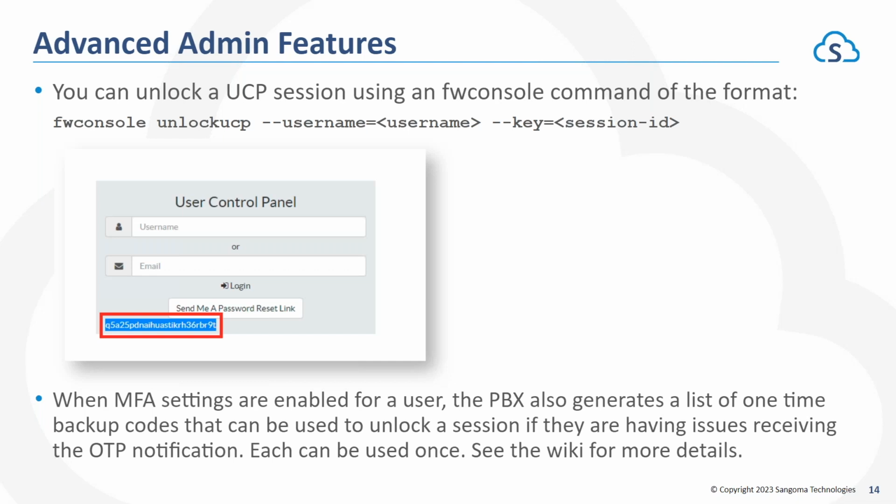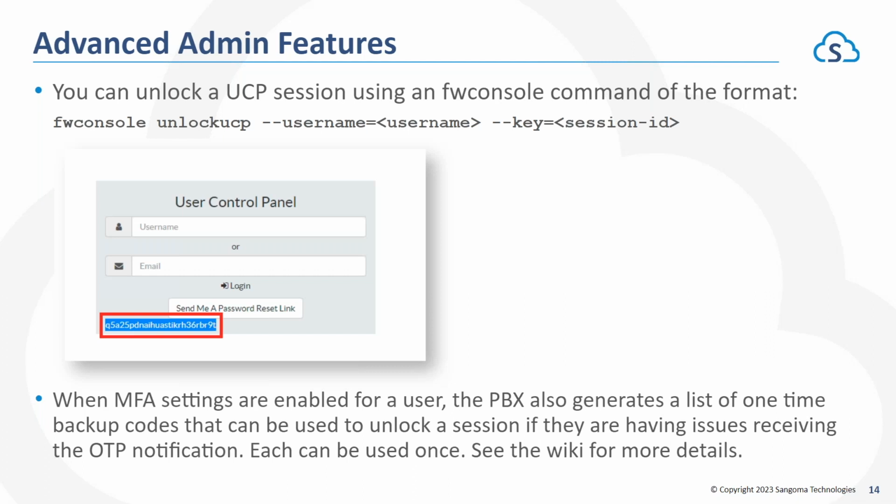There, you pass the username flag that you want to log in, as well as the session ID key that's presented in the login screen. This allows you to bypass both the username and the password, as well as the MFA token.